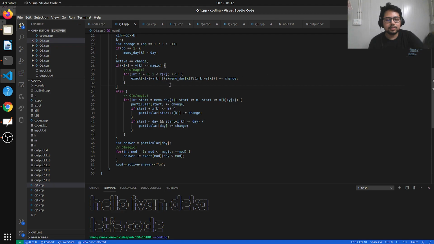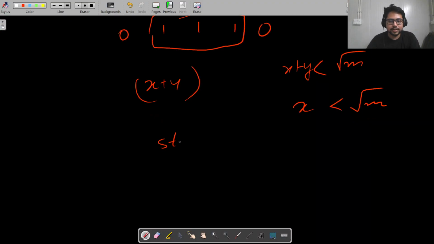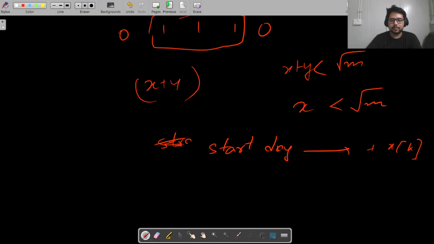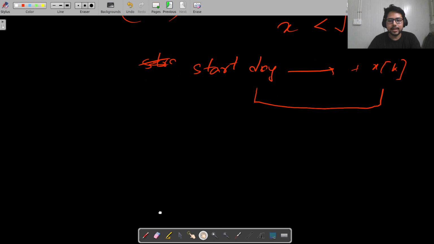So what we are doing is, from the start day, we go up till start day plus xk days, since we only care about for how long the thing is in active mode, because after that it will again go to passive mode, and since x plus y, this pattern will keep on repeating.